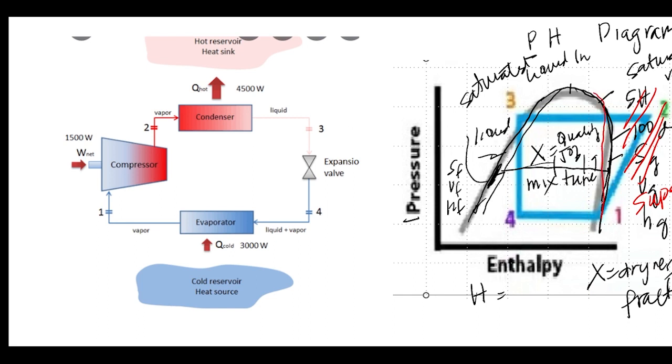This is the saturation point. Beyond that is superheated, meaning a lot higher in temperature and pressure than in saturated. This one is saturated liquid. Beyond that is the subcooled.